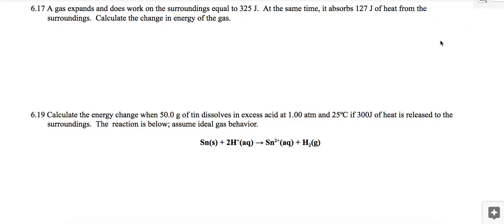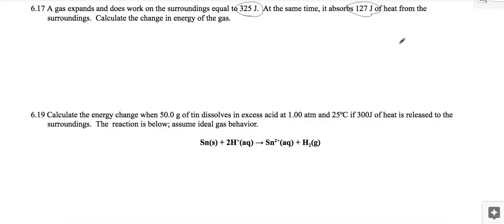All right, we have another problem very similar, only now we have to incorporate heat into the energy equation. We have a gas that does work of 325 joules, and then it absorbs 127 joules of heat.